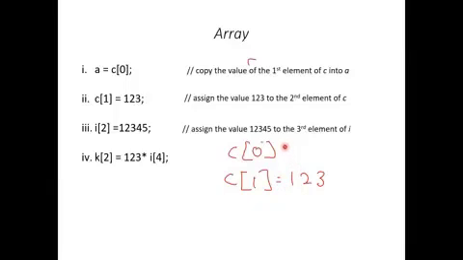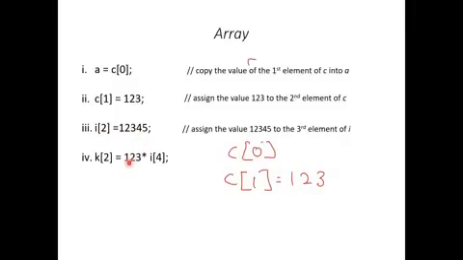So this one, no need. You just consider array number 1, element number 1. And then for number 3, array I at element number 2. So do the same thing. We put the value of 1, 2, 3, 4, 5 here into the third element.